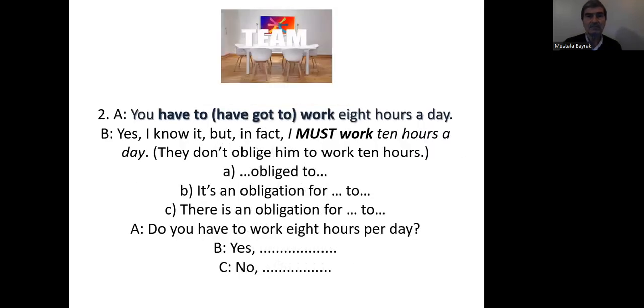For example, dialogue 2: you have to or you have got to. You have to work 8 hours a day. You have got to work 8 hours a day. Yes, I know it, but in fact, I must work 10 hours a day. So 8 plus 2 hours, 2 hours more. So this is an internal obligation or responsibility.